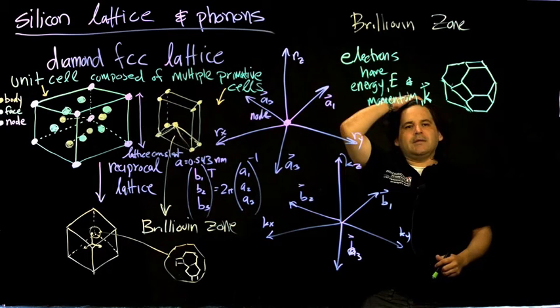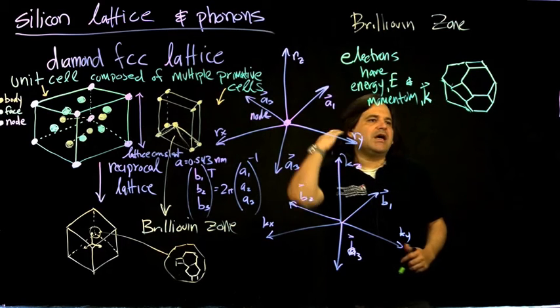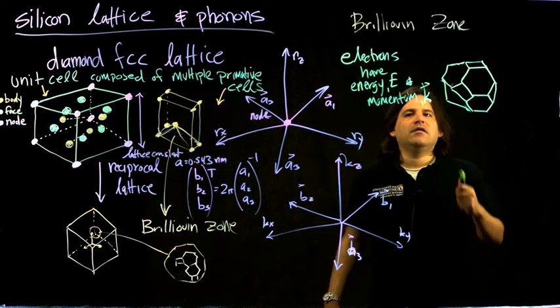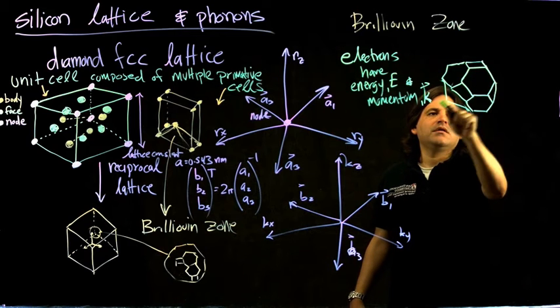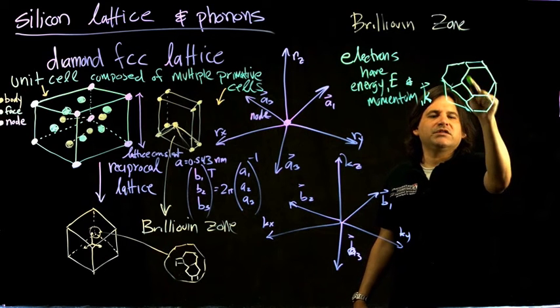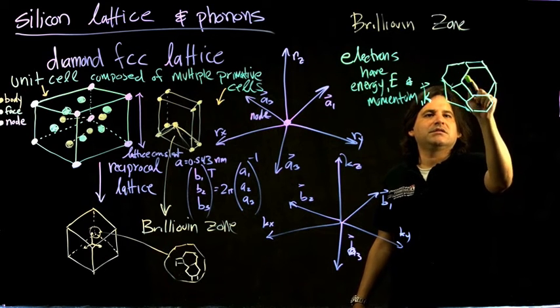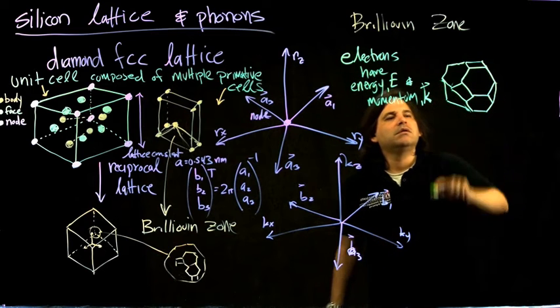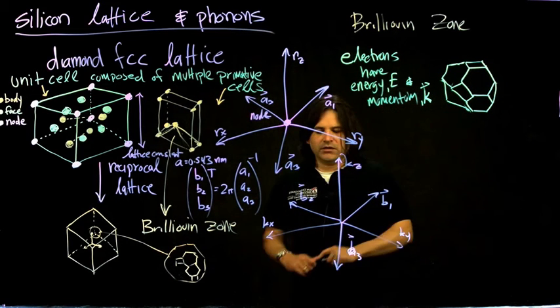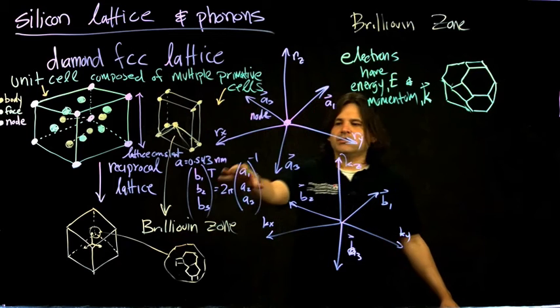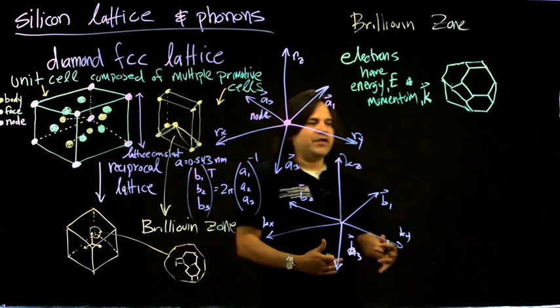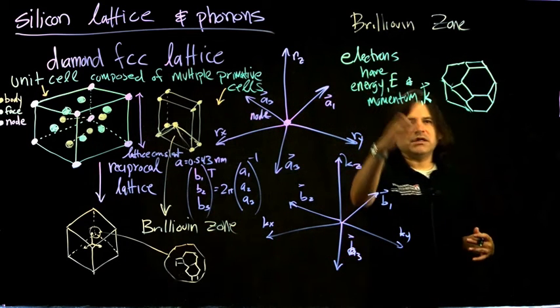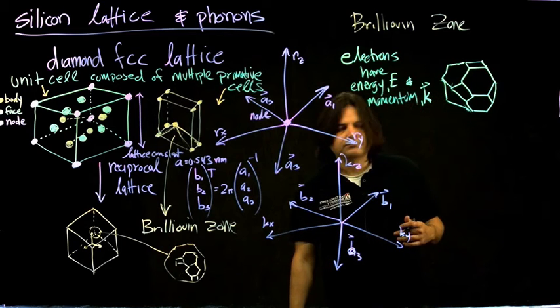So you can assign momentum of this electron based on this physical lattice, this Brillouin zone, and it has certain orientations depending on the crystal structure. It has certain faces, and depending on where it is, this electron might have some momentum.